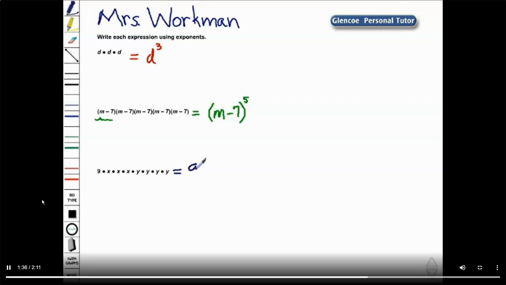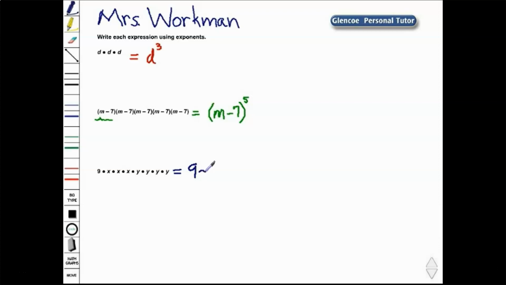So we can rewrite that as 9 times x, 1, 2, 3 times it's used as a factor, times y, 1, 2, 3, 4 times it's used as a factor. So this expression can be written with exponents. It looks like this and is read 9x to the third power y to the fourth, or 9x cubed y to the fourth power.